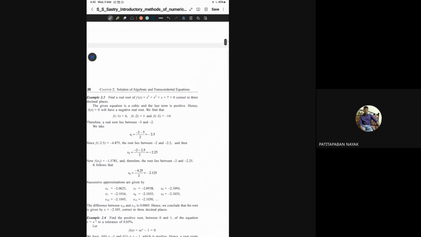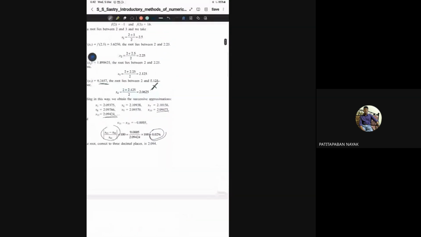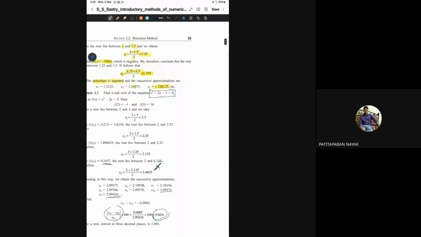Here, x cube minus 2x minus 5 equal to 0. So this is f of x, x cube minus 2x minus 5. What is f prime x? That will be 3x square minus 2.